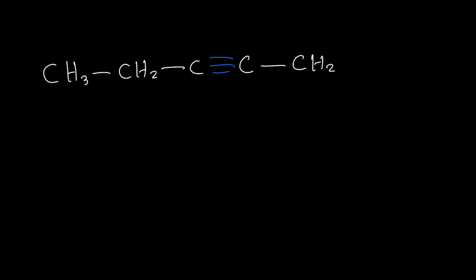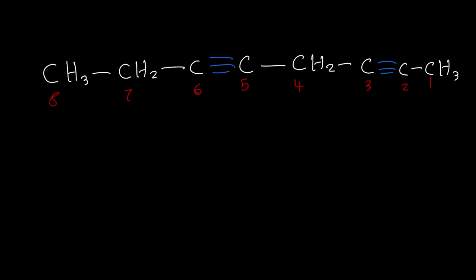Now let's talk about a pretty long looking structure. How do you name this compound? So first of all, we have to number the carbons. We're going to go right to left because that would give the triple bond carbons the lowest numbers possible.